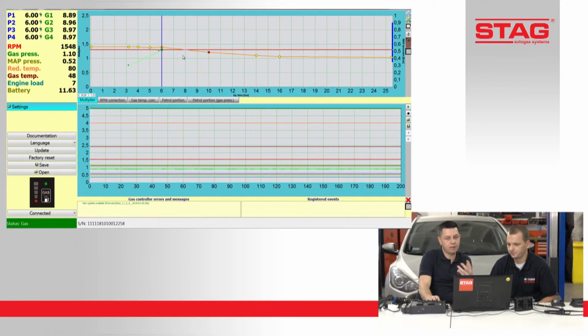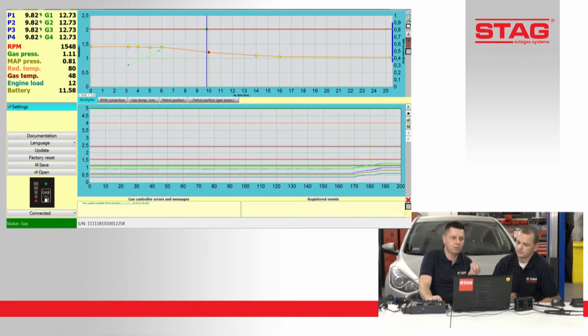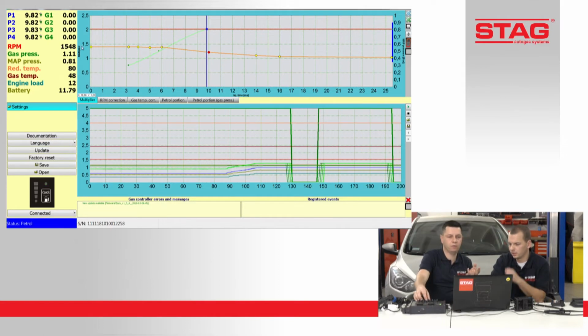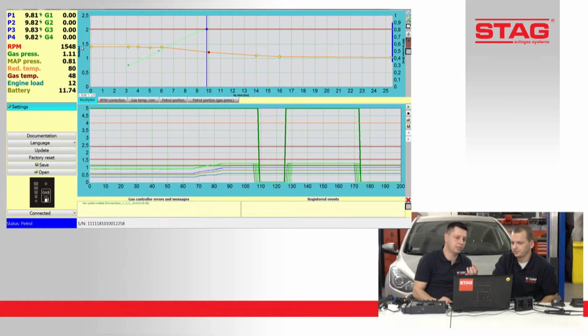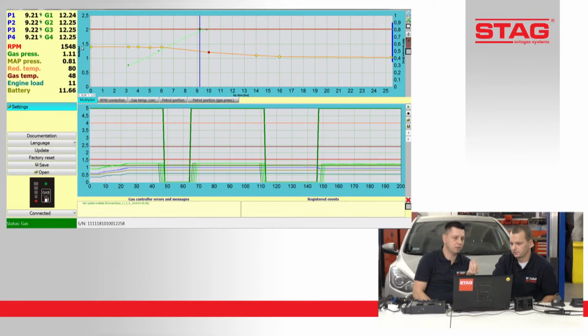So according to this type of settings, you need to check the injection time on petrol, then switch to the gas and check the same injection time. If you have the same value on petrol and on gas, that means the mixture is alright. But if you find a difference, for example, like this, we have petrol and then gas, and the vertical line goes to the left, that means the mixture is too rich.